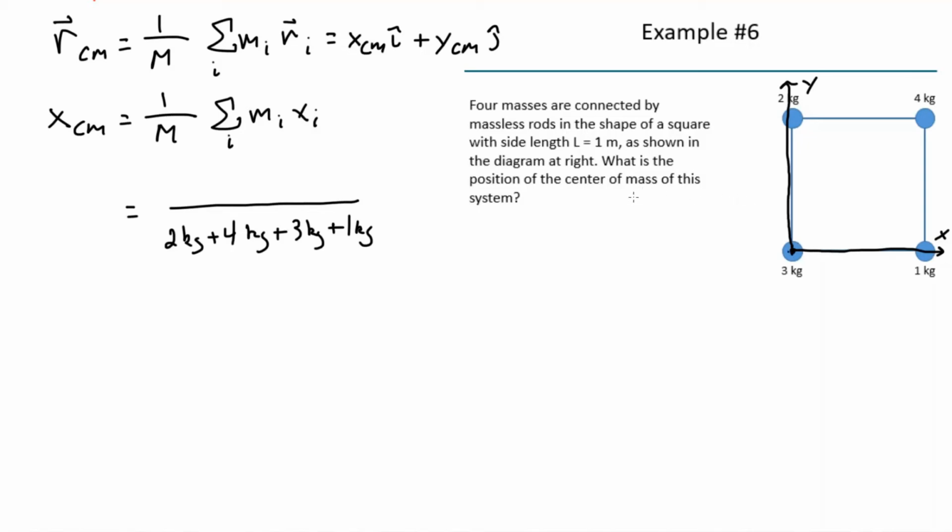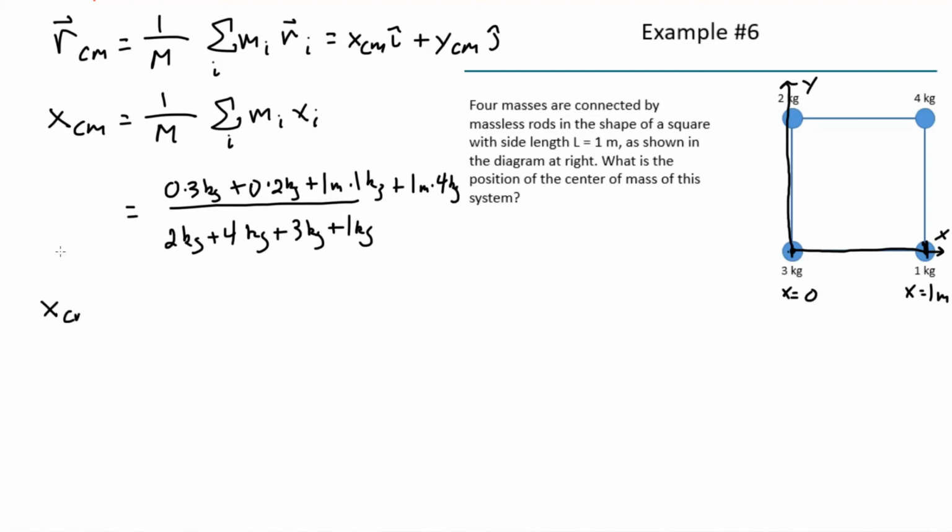So if this is x equals 0 over here, this is x equals 1 meter. So this is equal to 0 times 3 kilograms plus 0 times 2 kilograms plus 1 meter times 1 kilogram plus 1 meter times 4 kilograms.